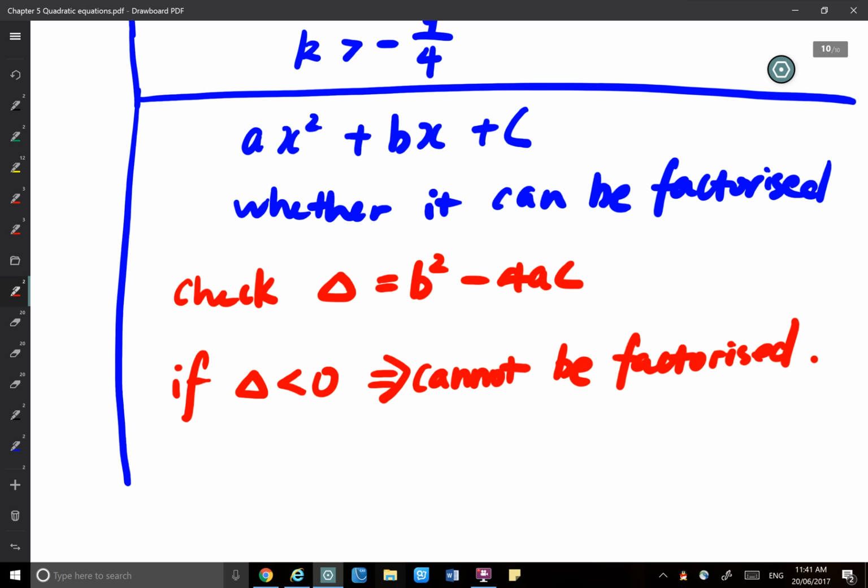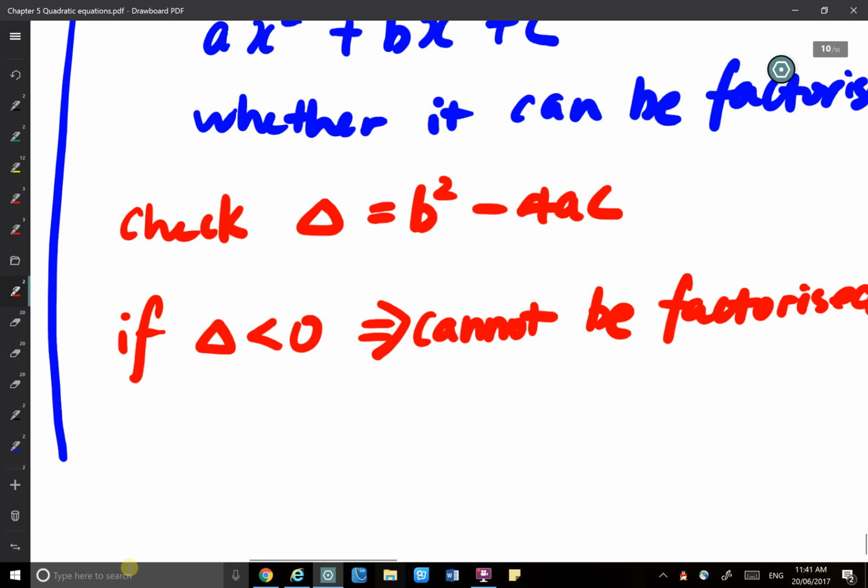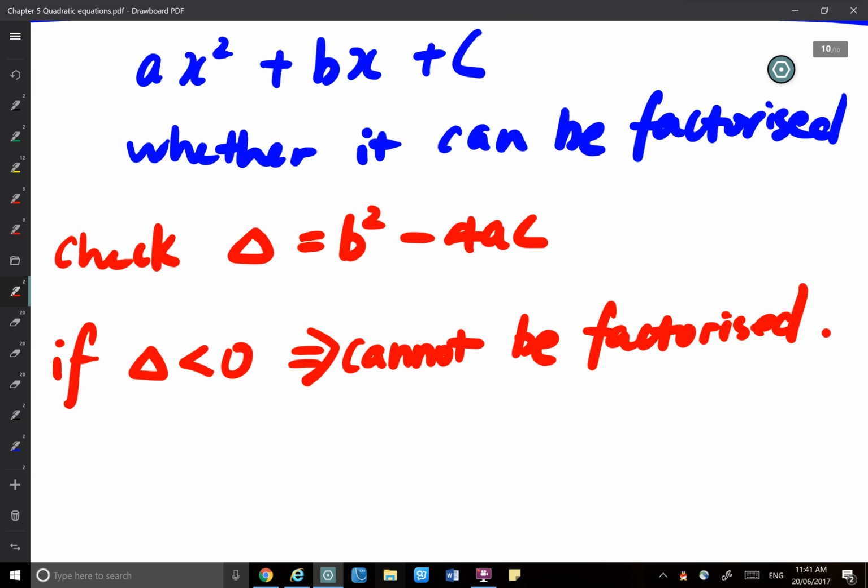Then you complete the square and you will be more confident about your answer. So for any question, find the discriminant first, and then you will know whether this can be factorized or not. If not, you can't factorize, and then you just keep doing the question. Your final answer should match this result.